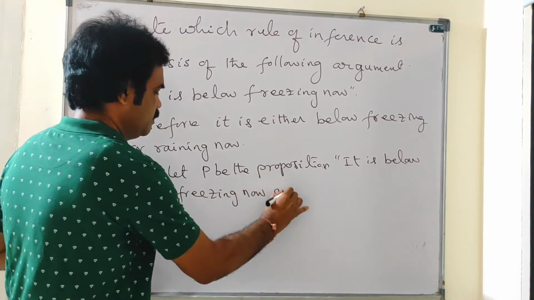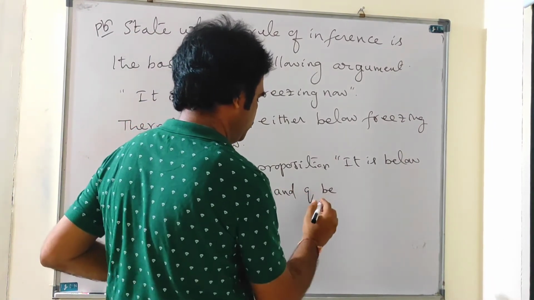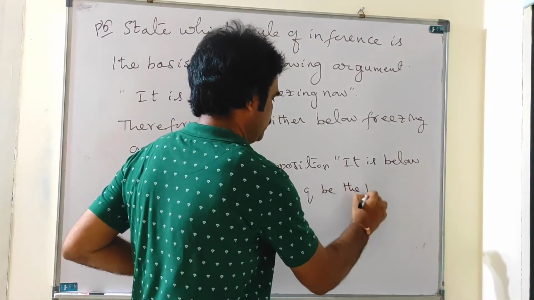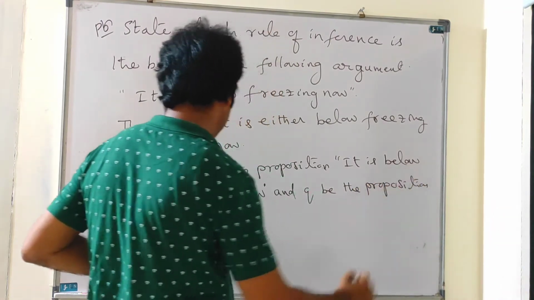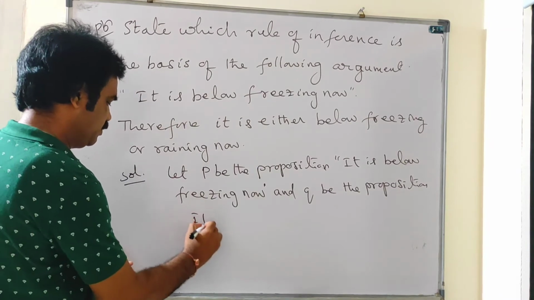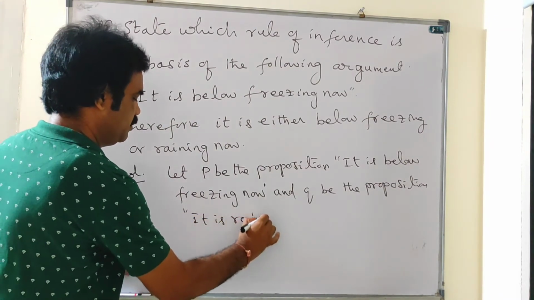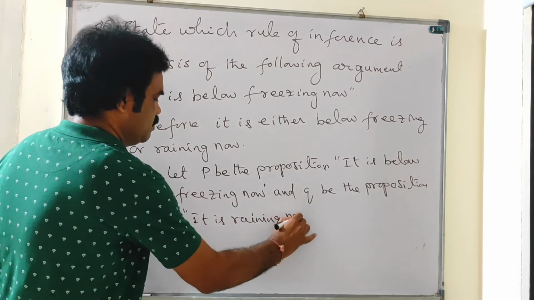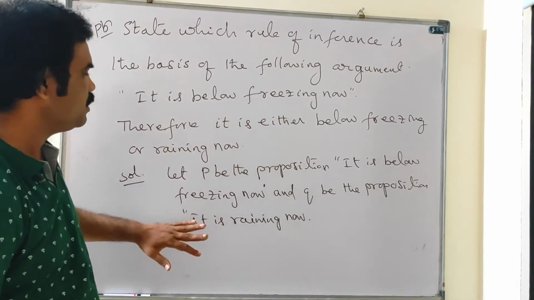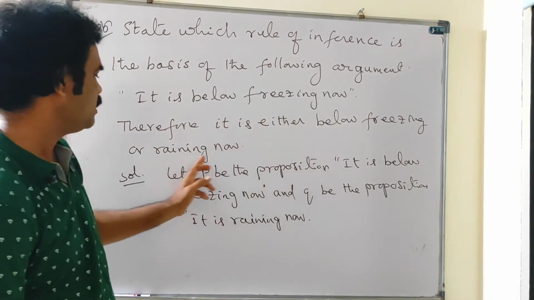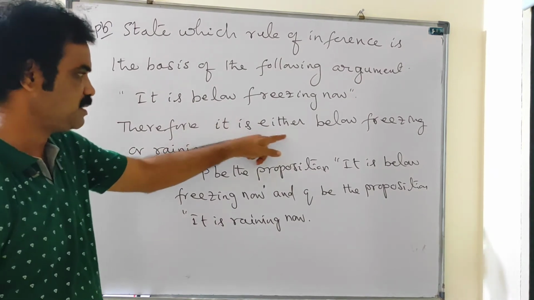And Q be the proposition: it is raining now. Now see the given argument. It is below freezing now, therefore it is either below freezing or raining now. Therefore means this is the conclusion.